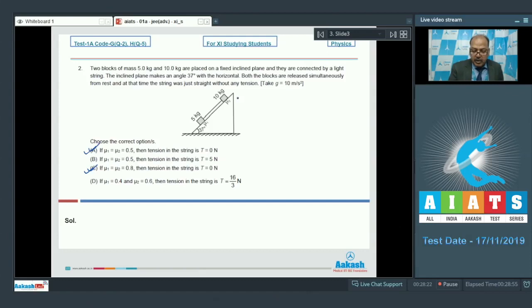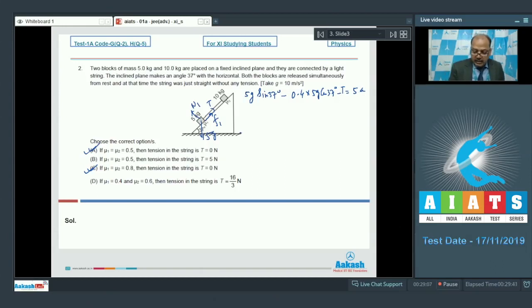For the 5 kg block, we know the forces are 5g, then here there is a normal reaction N1, there is a friction F1, and there is tension T. If we resolve and write the equations, we get 5g sine 37 degree minus friction, which is mu into N1, that means it is 0.4 into 5g cos 37 degree, minus tension T is equal to 5a, right?